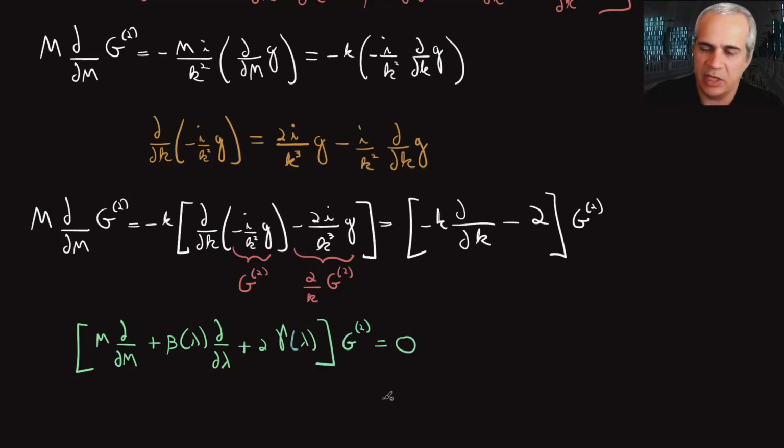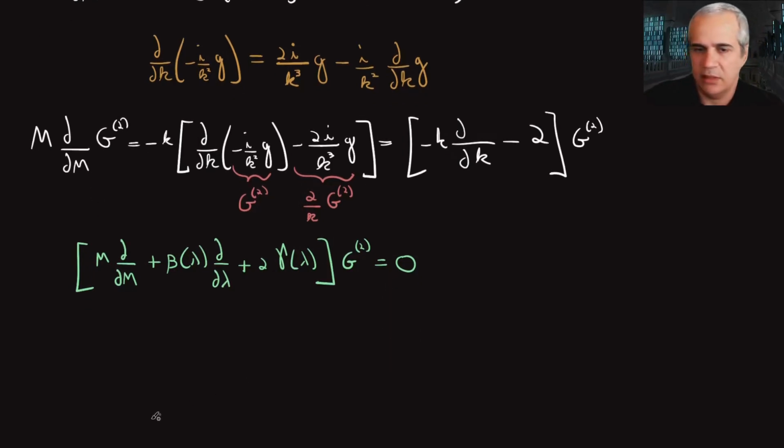So this was the Callan-Symanzik equation, and now I can use this equation here and rewrite it as this one. It's the same equation written in terms of different variables, plus 2, minus beta.